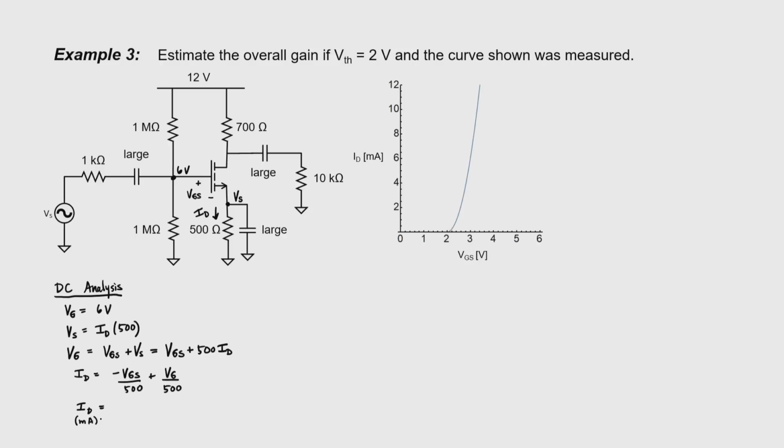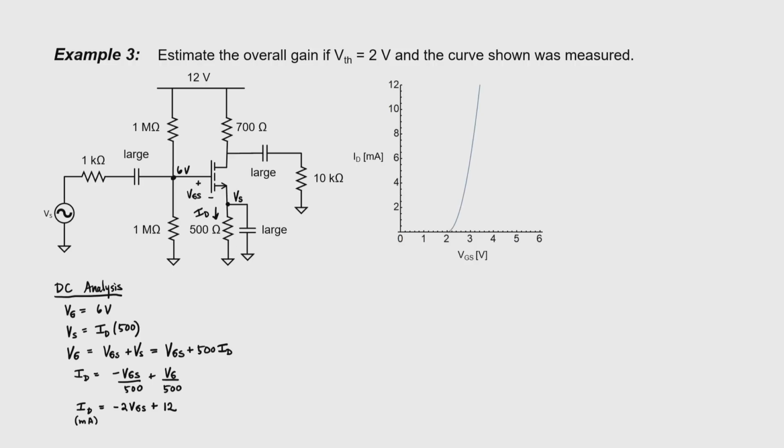I'm doing that because the graph over here is in milliamps, and I'm going to use the graph in just a moment. This means we need to multiply everything over here times 1,000, so that gives me minus 2, and this gives me 12 after I plug in 6 volts for my gate voltage. This is just the equation of a line, and it basically just describes Ohm's law across the 500 ohm resistor.